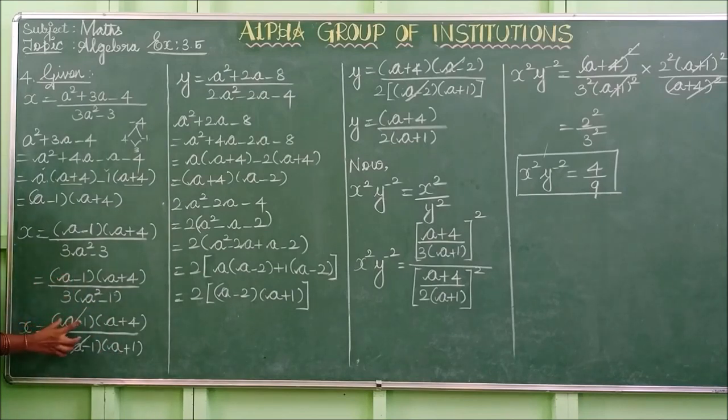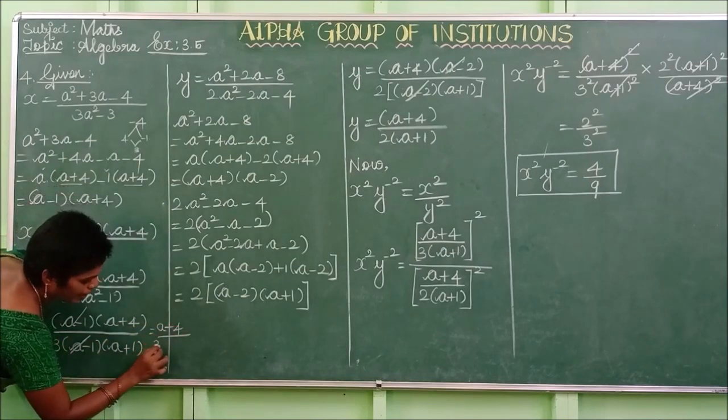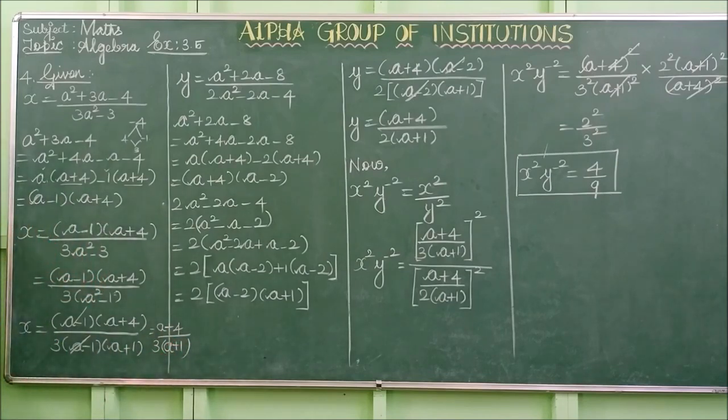In the numerator, a minus 1 into a plus 4. In the denominator, 3 into a square minus 1 square, which can be rewritten as a plus 1 into a minus 1. So cancel both a minus 1. The remaining term is a plus 4 divided by 3 into a plus 1. This is the value of x.